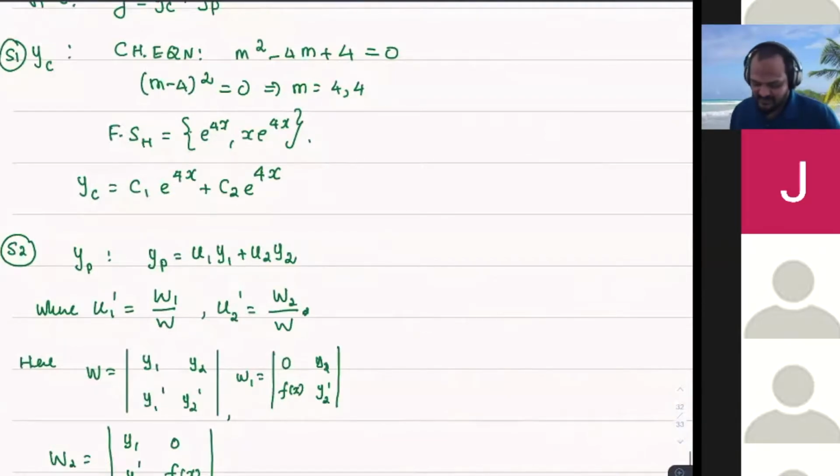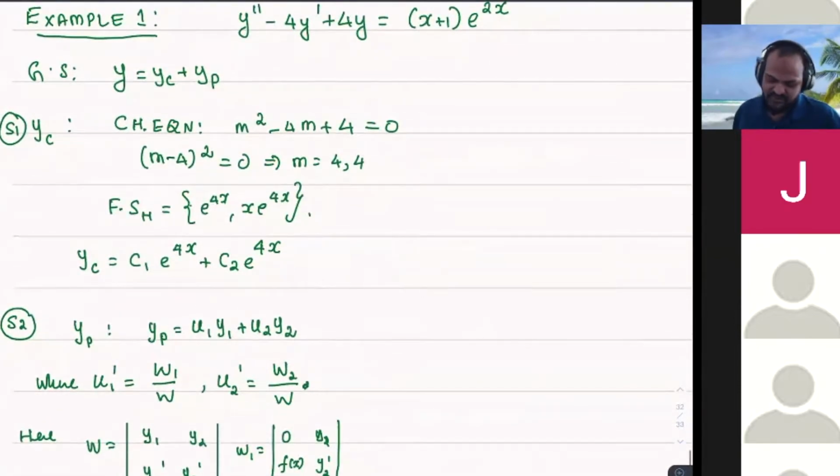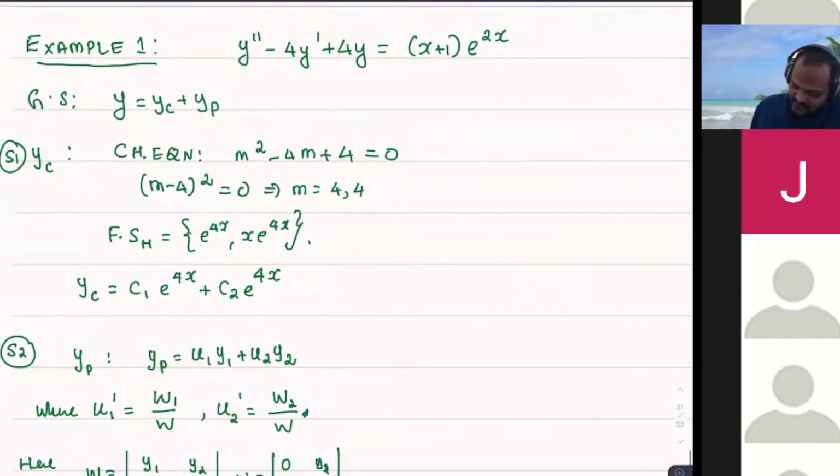This example, as a matter of fact, you can use the annihilator method, by the way. In this example, yc is not correct. What did I do wrong? Oh yes, you're right, absolutely correct. It should be what? 2 and 2.